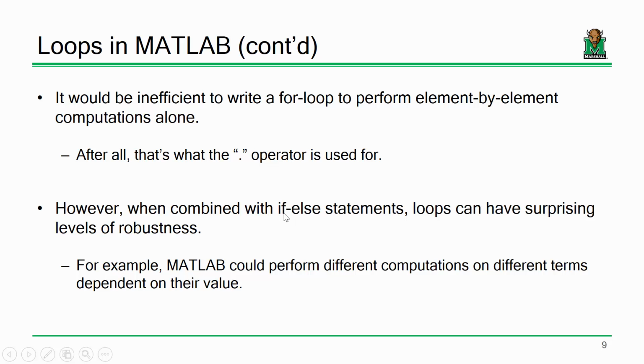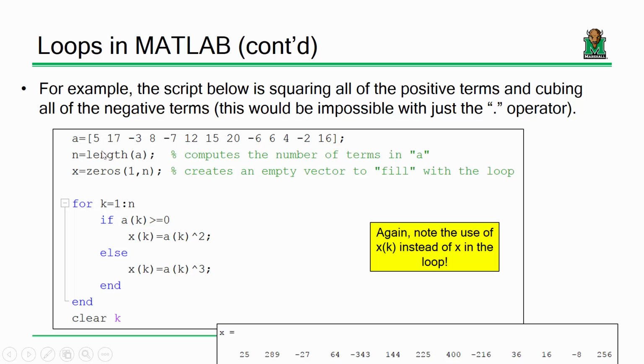So if you combine it with if statements, then you can have it, for instance, with the same input matrix A. What if we wanted it to square any one of these terms that was positive, but then take it to the third power if it's negative? And so the result of that is it's going to preserve the sign of the negative numbers.